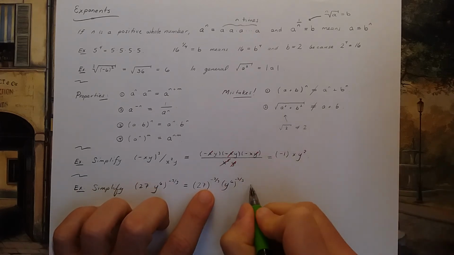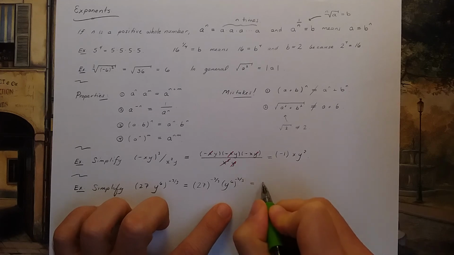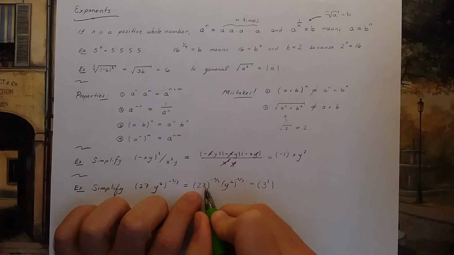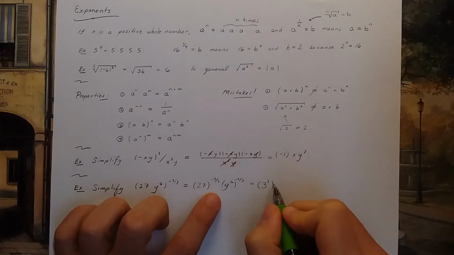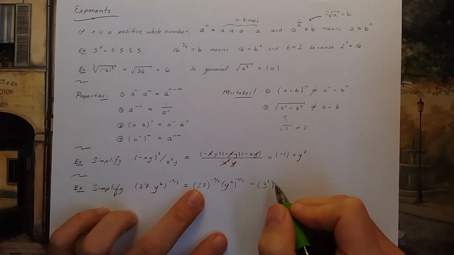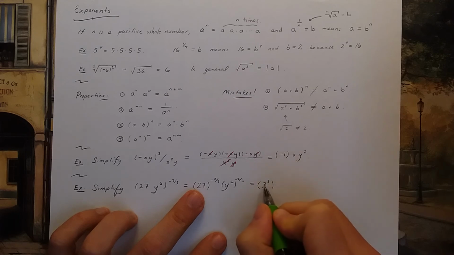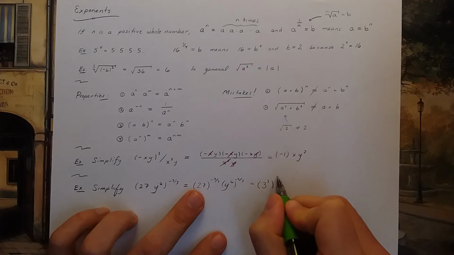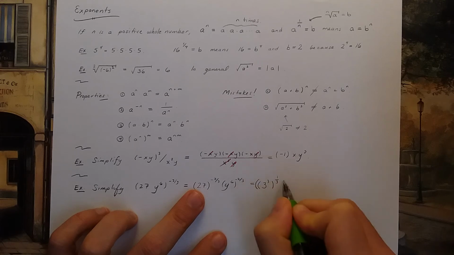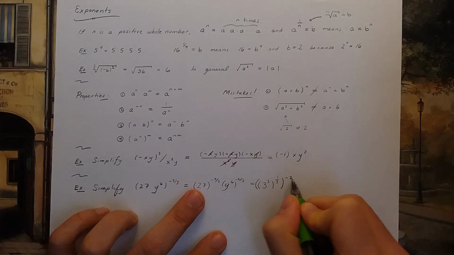Now, 27 is equal to 3 cubed. So 27 is 3 times 3 times 3. So I have that. Then I'm going to say that this is 3 cubed to the 1/3 power, all raised to the negative 2.